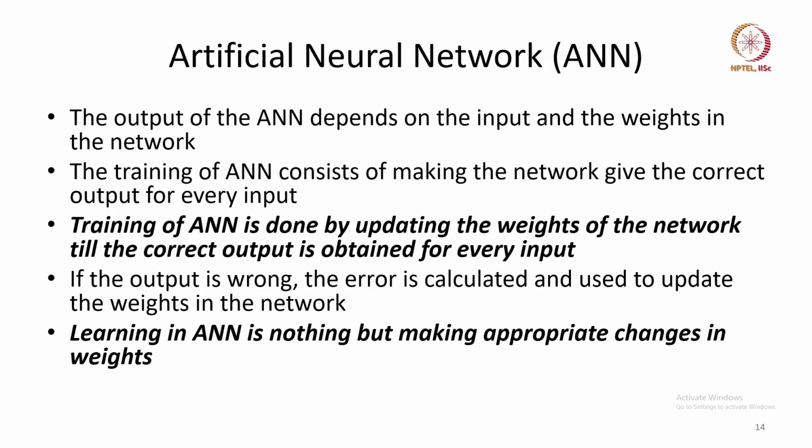The training of an ANN consists of making the network give the correct output for every input. Training is done by updating the weights in the network. Learning in an ANN is nothing but making appropriate changes to the weights.